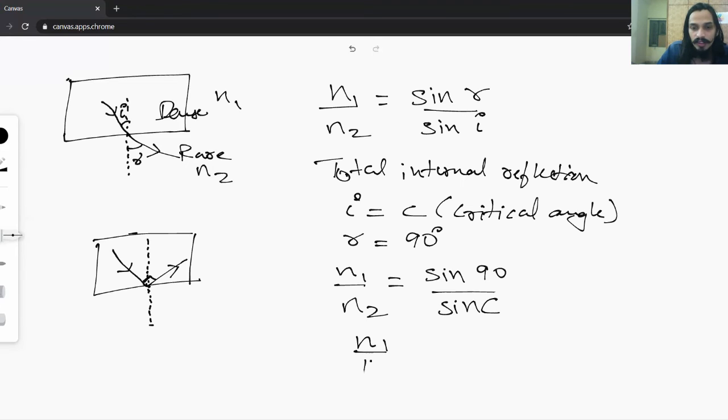So n1 by n2 equals 1 by sine C. Sine values start from 0 and go up to 1. Okay, sine 0 is 0 and sine 90 is 1. After that, it will reduce again.